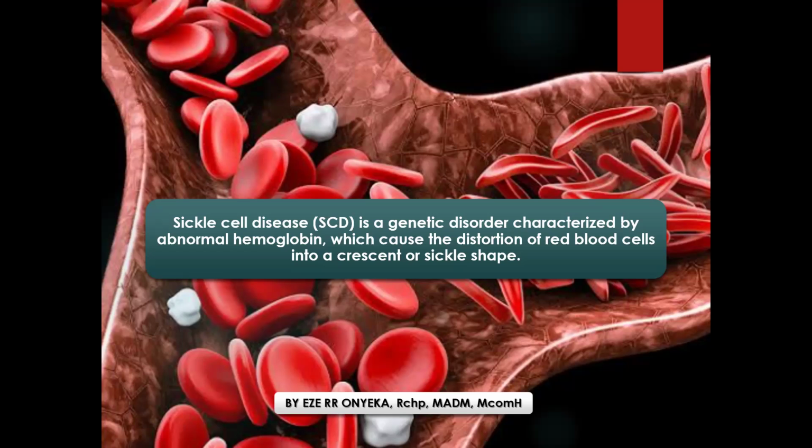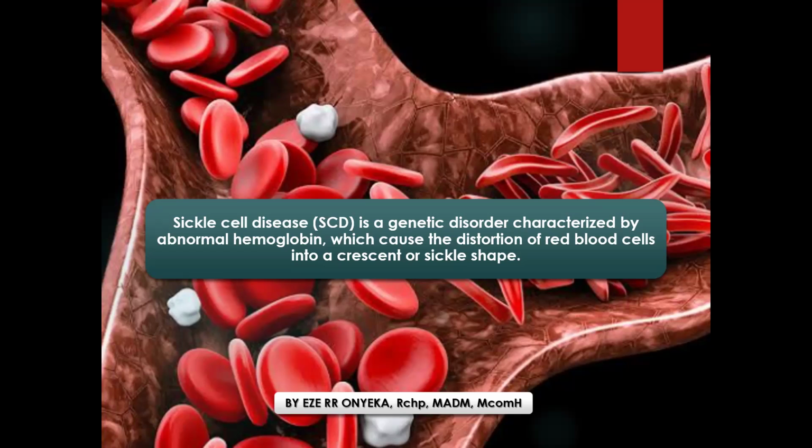What it means is that it's only after 6 months that hemoglobinopathies like sickle cell can be seen, because after 6 months of age, the fetal hemoglobin would have been totally replaced with adult hemoglobin.